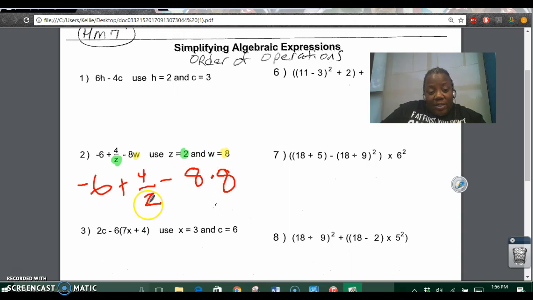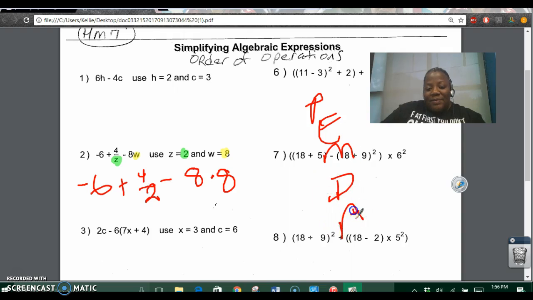Oh, forgot to replace that Z. So what does Z equal again? That Z is a 2. So I'll just take that back out and put a 2. Okay? Now, again, think PEMDAS. So in PEMDAS, what would I do first? I have no parentheses.